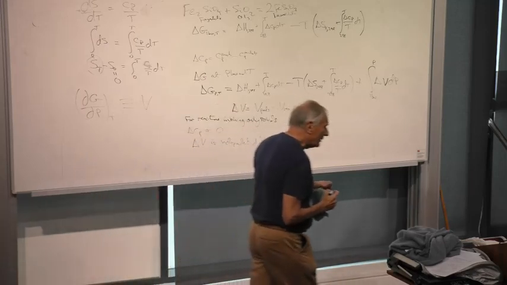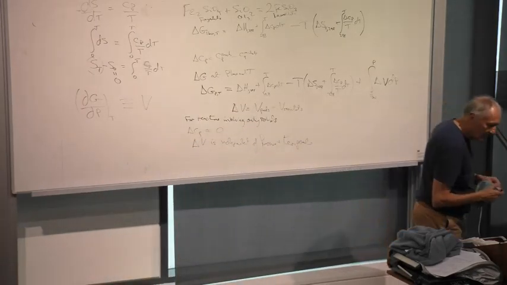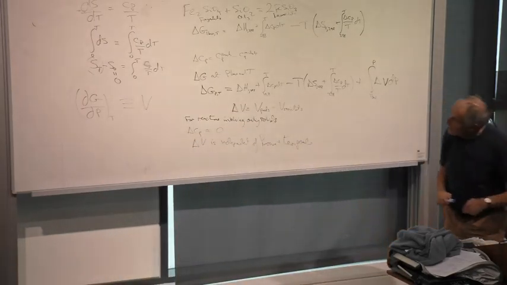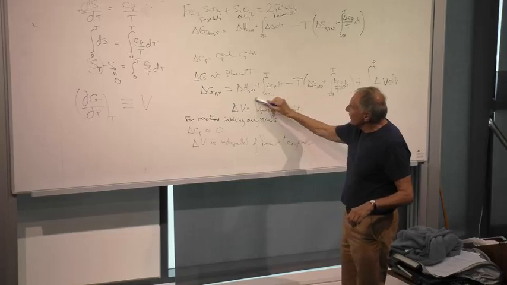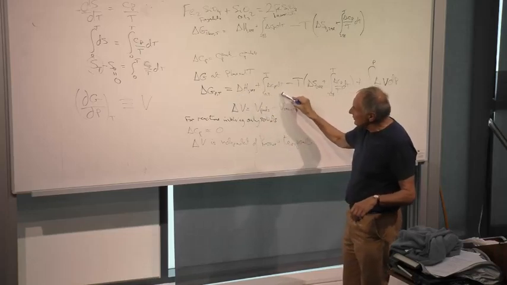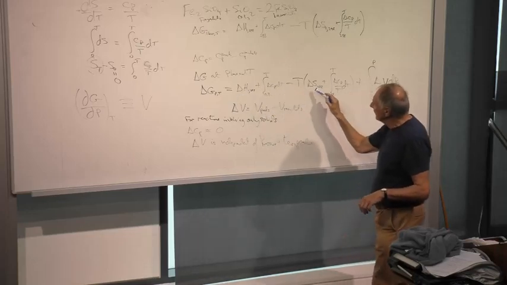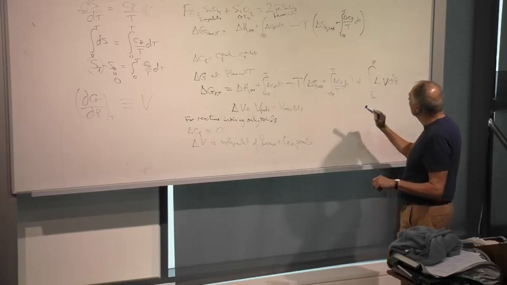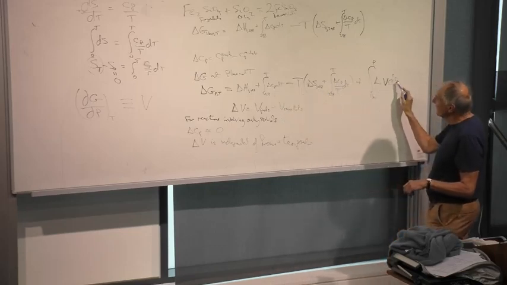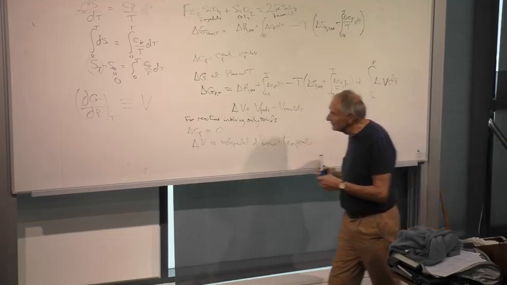So what that means is that the delta H here is essentially constant, independent of temperature at 1 bar. Delta S is constant because the delta Cp is essentially 0, and delta V is a constant, which makes that integration trivial.